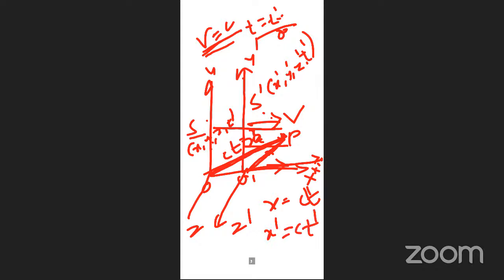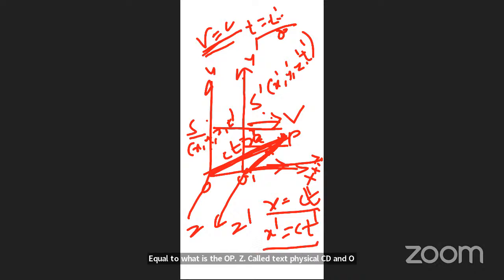Okay, so in the S frame, the distance OP is equal to x, which is equal to ct, and O'P in the S' frame is x', which is equal to ct'.